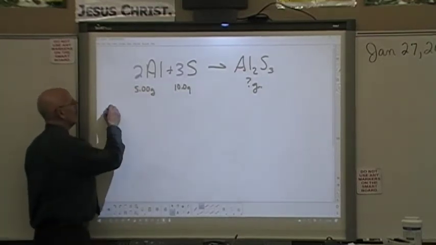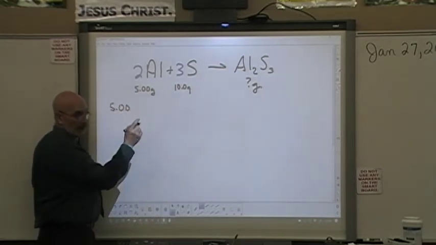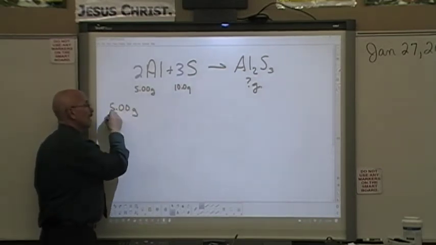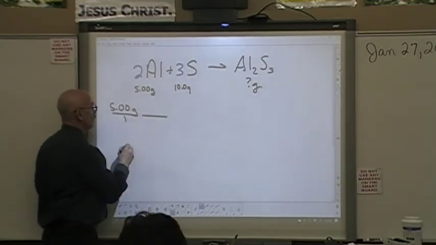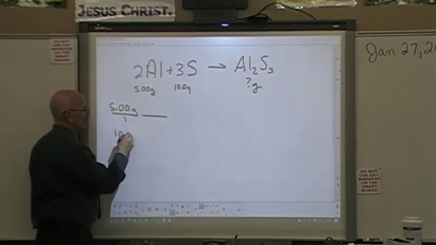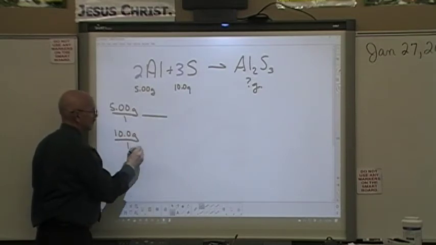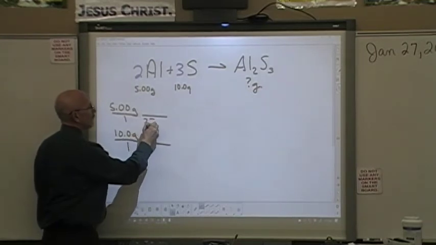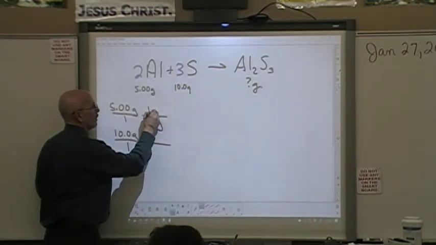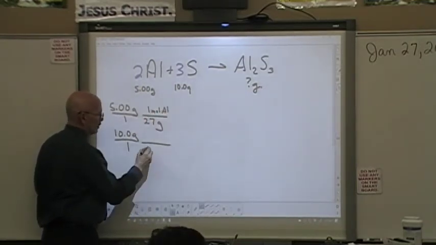So always start by changing it to moles if it's not. The last problem we did was already in moles, so that was our first step. This one's not. So molar mass of sulfur, molar mass of aluminum. Let's do this quickly here. We got aluminum 27 and sulfur is 32.